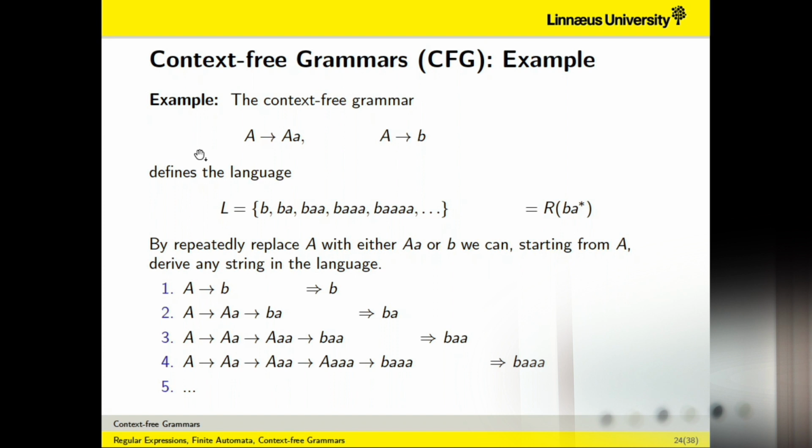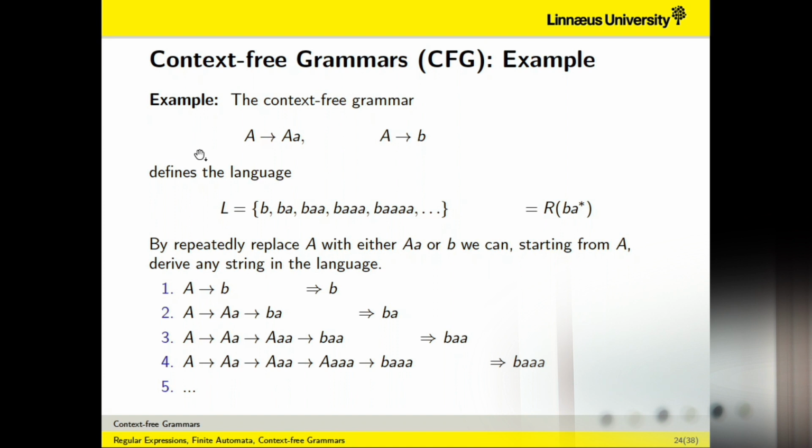Then I have another rule which says that whenever you have an A, it can be replaced with B. So from this rule, we can get the word that contains only one B. But if I take the other rule, A leads to AA, and I know that A can be replaced by B, then if I replace this A with B, I get another word, BA.